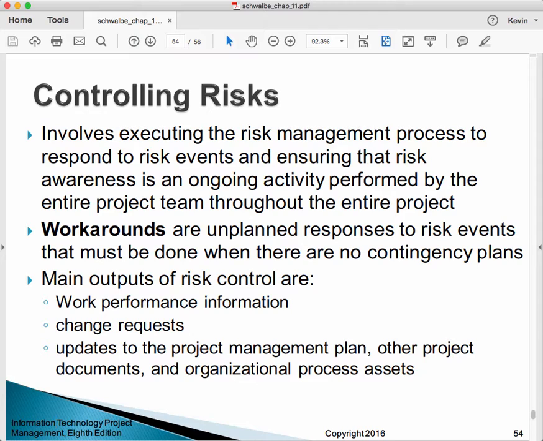Just because we have some kind of event occur and we don't have a plan for it, that doesn't mean that we sit there and take it in the teeth. Then we try to find some kind of a workaround for it. The main outputs of risk control are work performance information, change requests, updates to the project management plan, other project documents, and organizational process assets.